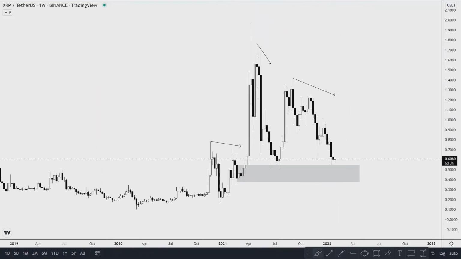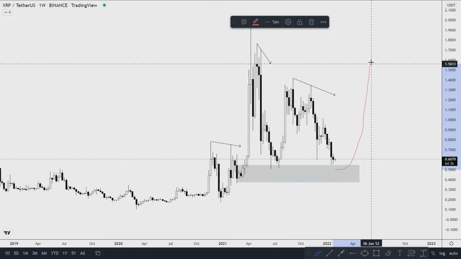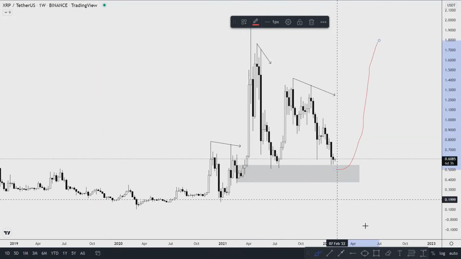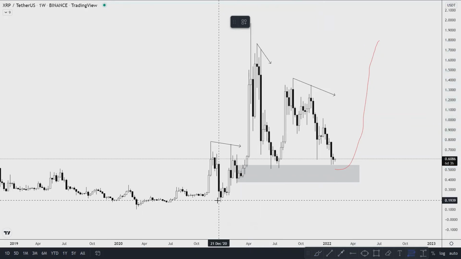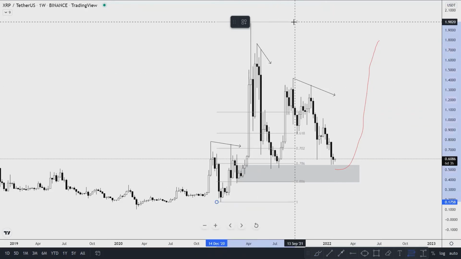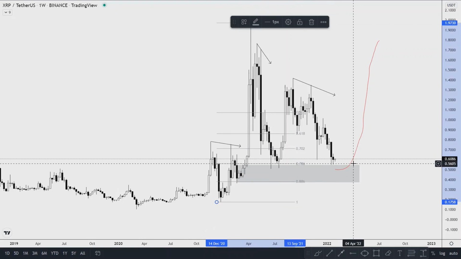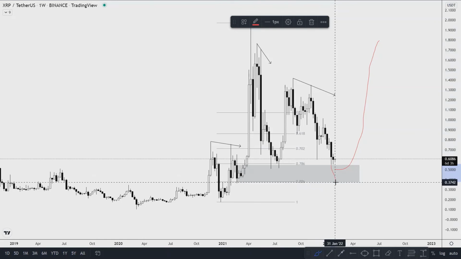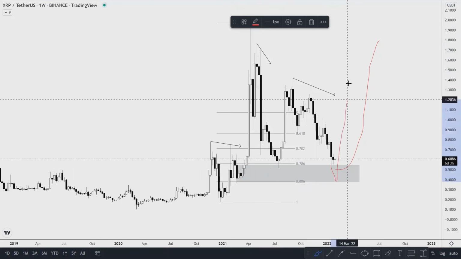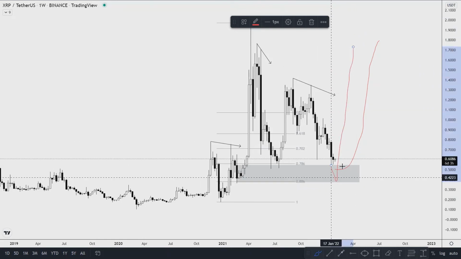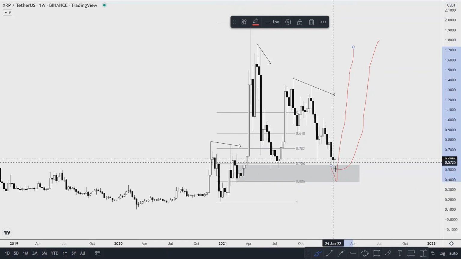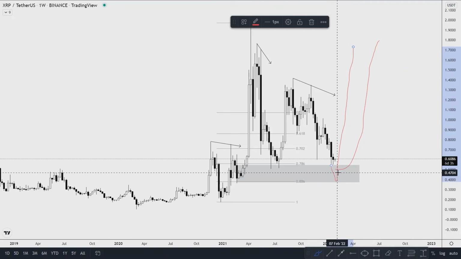So you could see something like this, and that's one from here. Or if we use our fib, take it from this low up to the high there. The price may draw down to the 88.6 region and then take off. So possibly might get a nice reaction from this area, some interesting price action.